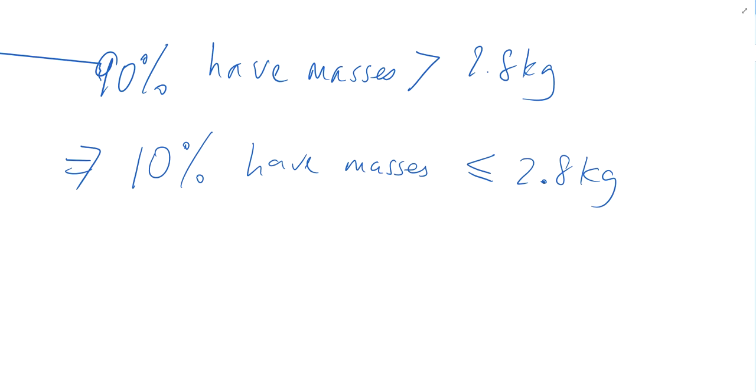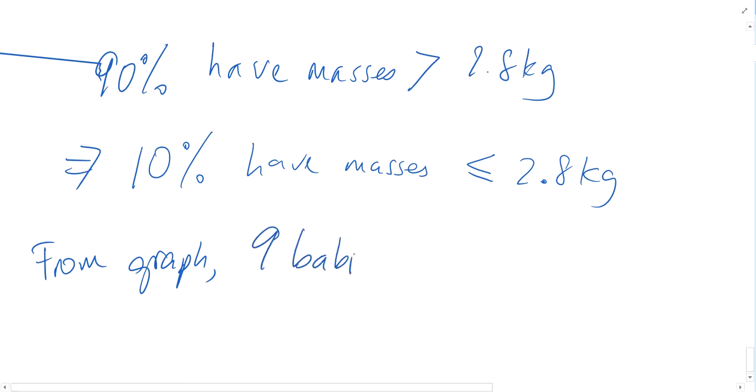Look for 2.8 kg. How many babies have masses 2.8 kg or less? From the graph, 2.8 kg and less, 6, 7, 8, we have 9. 9 babies have masses less than or equal to 2.8 kg.